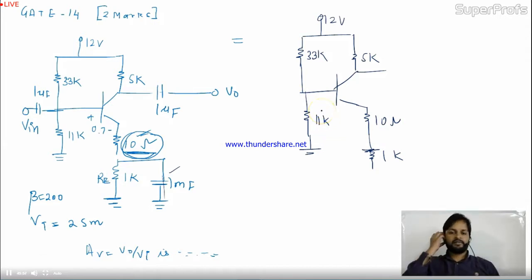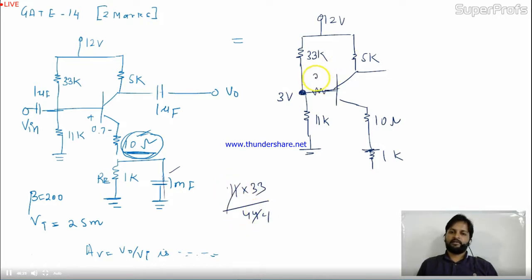Now in this circuit we can resolve this portion again. Here the voltage will be 3 volt, I think. 3 and 4, so this will be 3 volt. And the equivalent of these two, 11 and 33K, is 11 times 33 divided by 44, which is 33 by 4K.